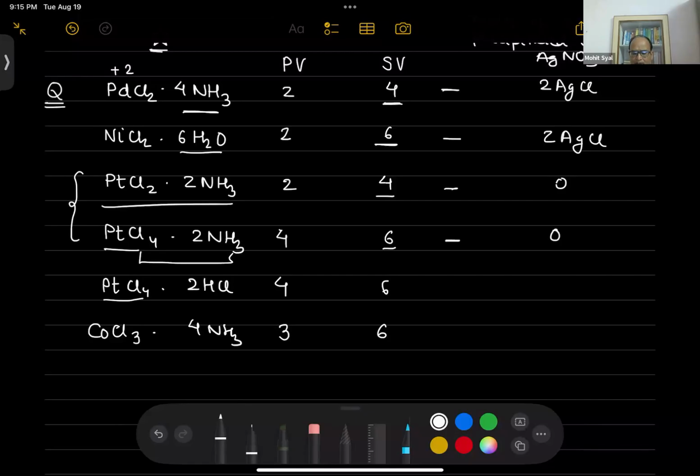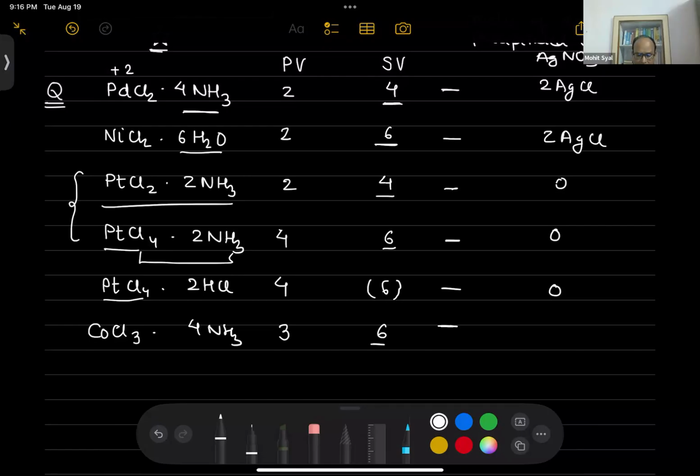Is it clear, Jasleen? Any doubts? Yes, sir, the secondary valency is 6, so all the 6 ions are going to come inside. So no chloride ions will be precipitated.